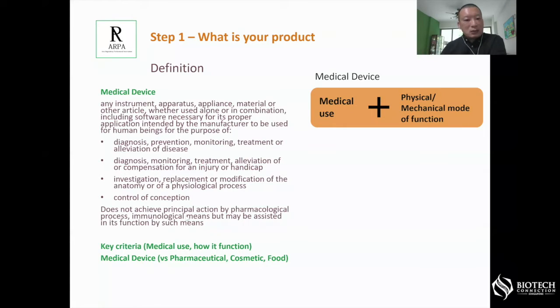So you can see this is one part of the definition. Do not achieve the principal action by pharmacological process, immunological process, like that. Because you have a drug, you swallow the drug, it is metabolized, and functions. That's pharmacological. You apply a cream, then it is absorbed, then it functions. You inject a vaccine, then the vaccine works in an immunological way. That's how I call it the pharmacological way.